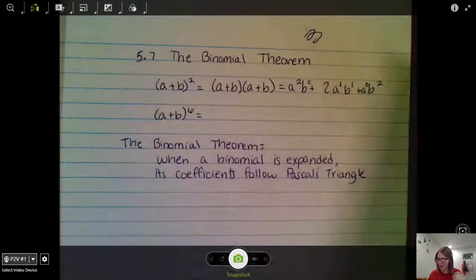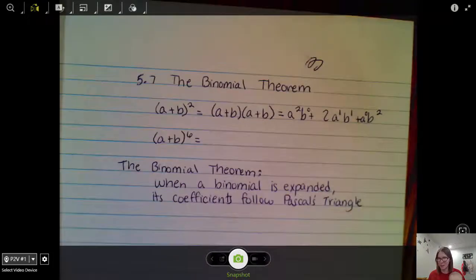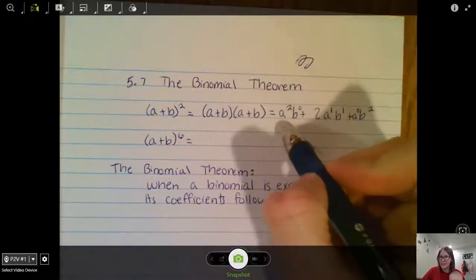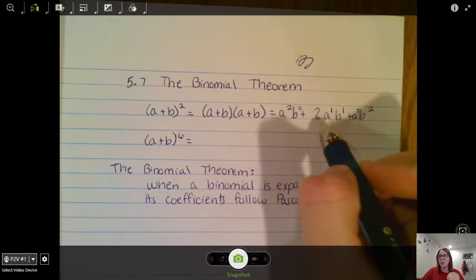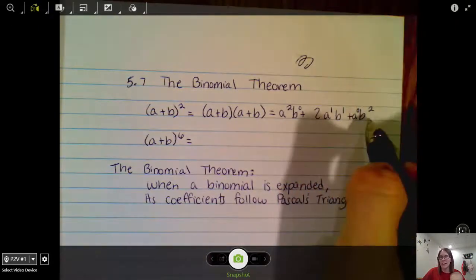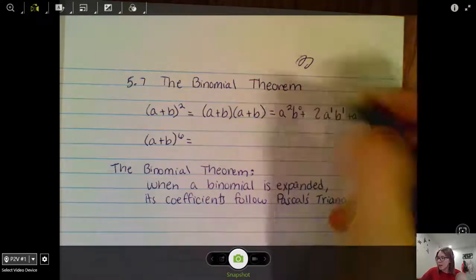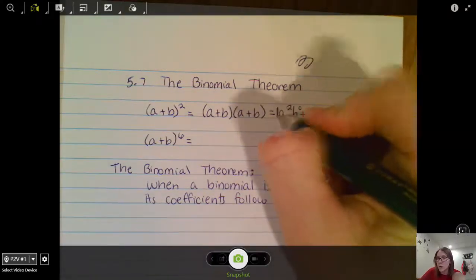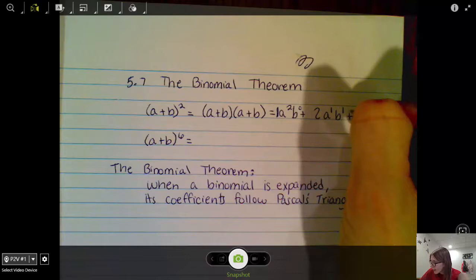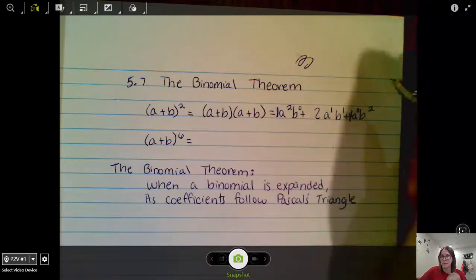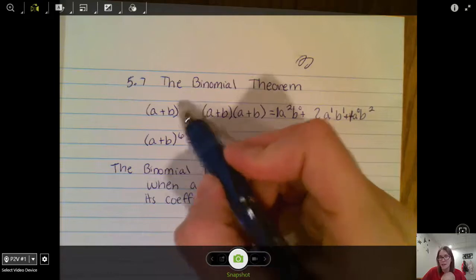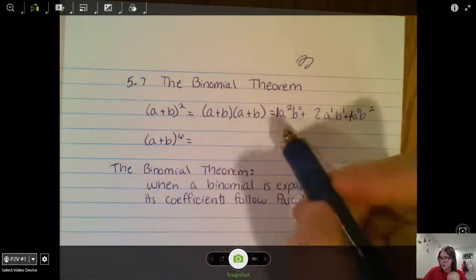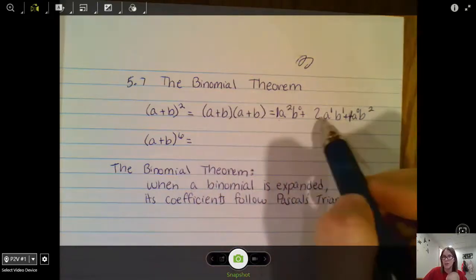All right, let's look back at this first one that we had expanded. The a squared b to the 0, 2a to the first b to the first, a to the 0, b squared. Keep in mind that I really have the coefficient of 1 here and here. My exponent is 2. My coefficients go 1, 2, 1.